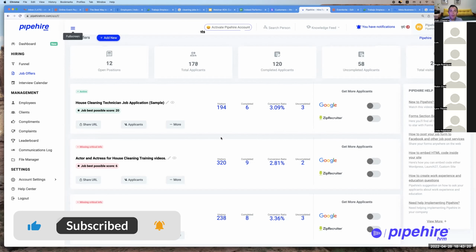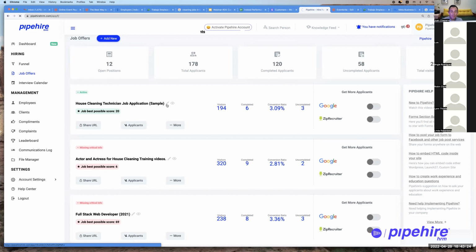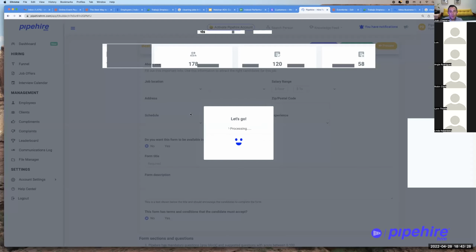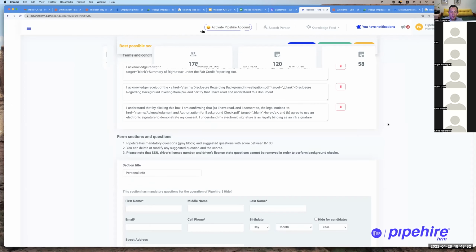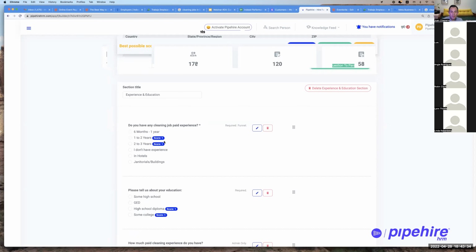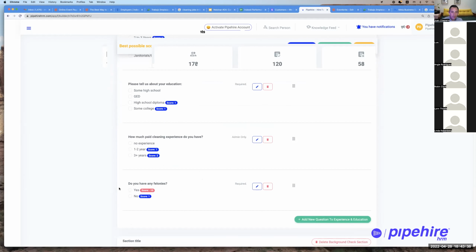That's why the forms we've built all come with a pre-made template ready for you to use, and they have scoring attached to those questions. For example, if you have felonies, you get minus 10 points.